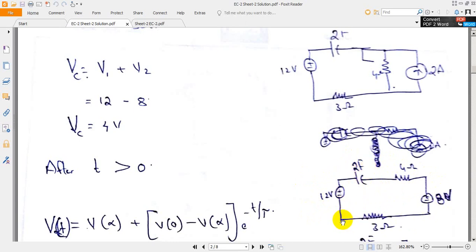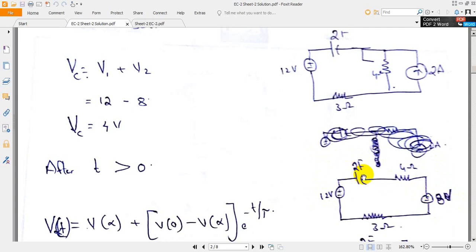Otherwise you can apply Kirchhoff's voltage law: minus 12 plus VC plus 8. Is it right?